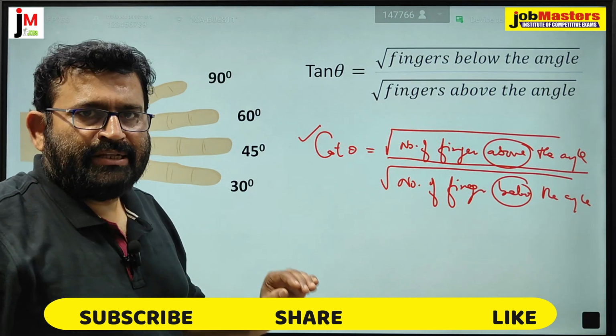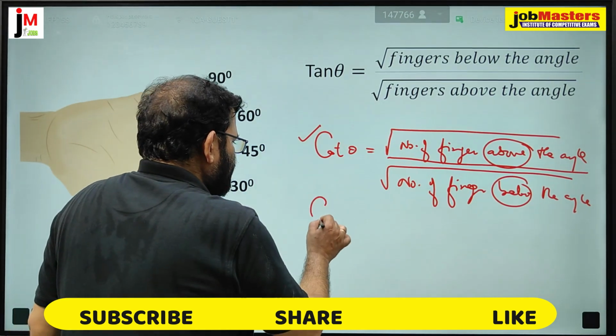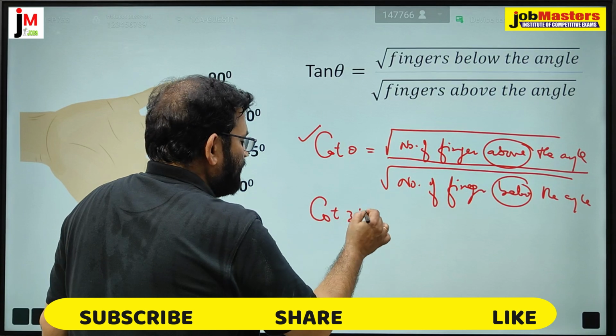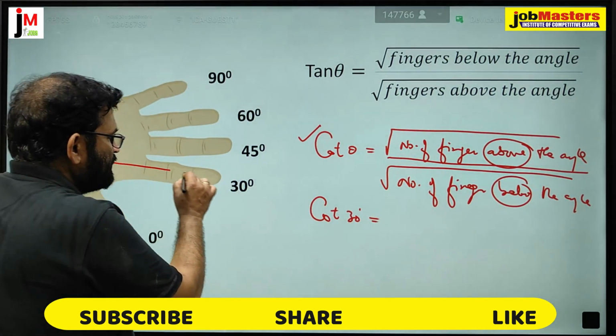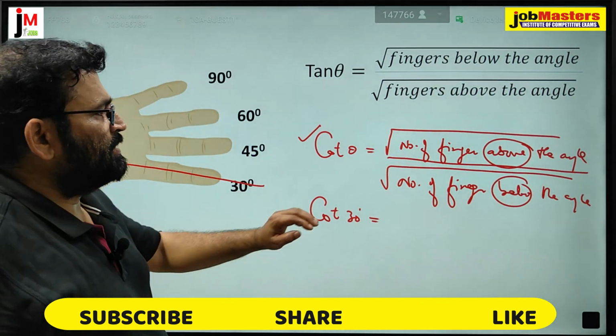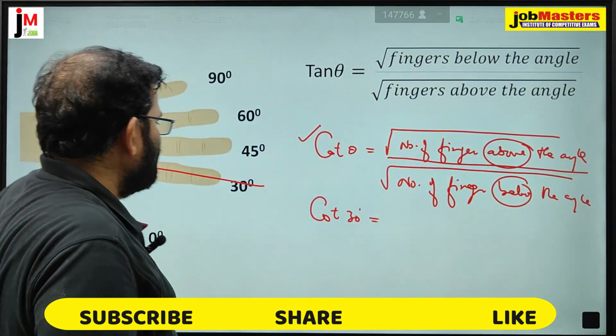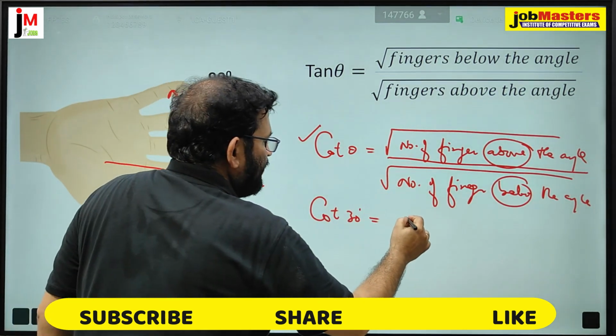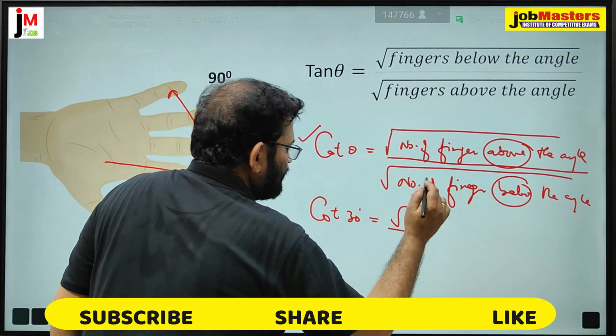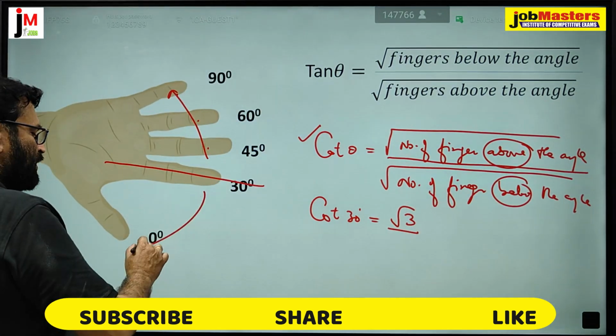We can find any value for this. If you want, I can solve a question for you. So let's find the value of cot 30 degree. First we have to mark that angle. So this is 30 degree. Whatever the formula says, number of fingers above: there are 1, 2, 3. 3 fingers above 30 degree. So we will write 3 and root of it. Next is the number of fingers below 30 degree.